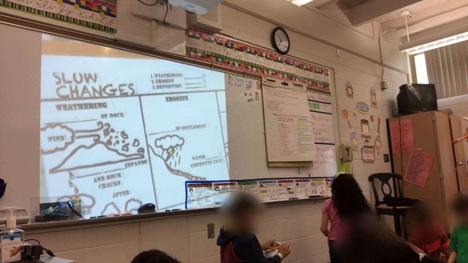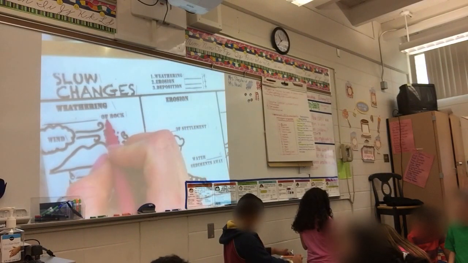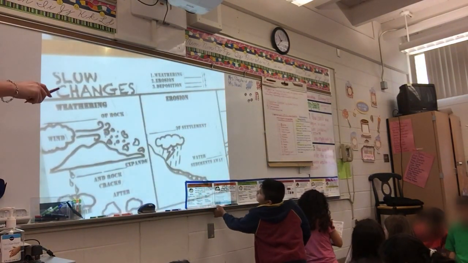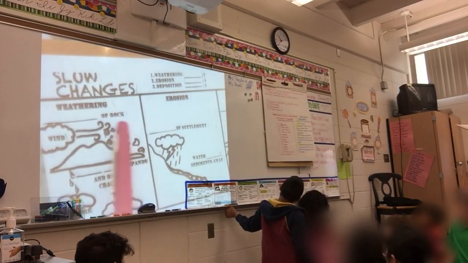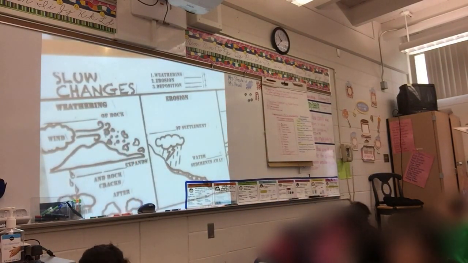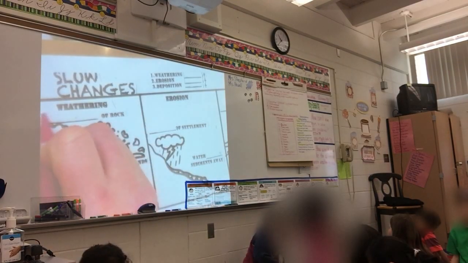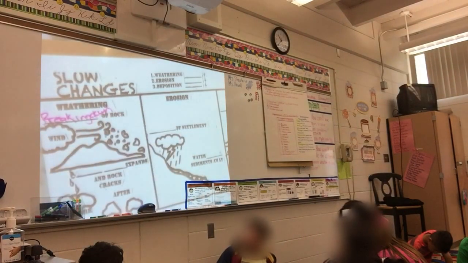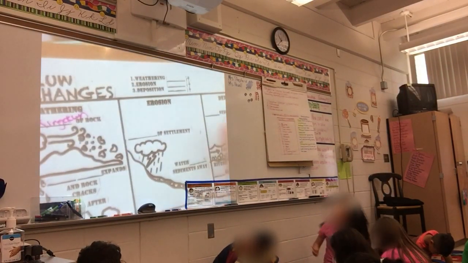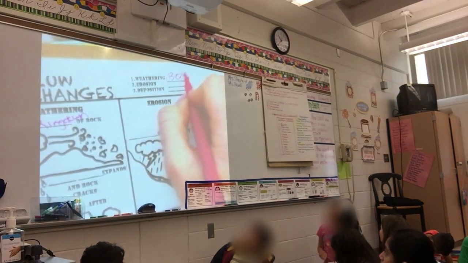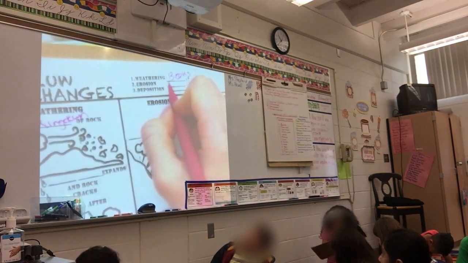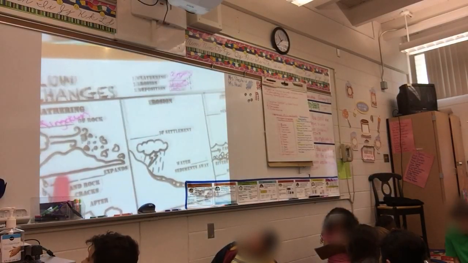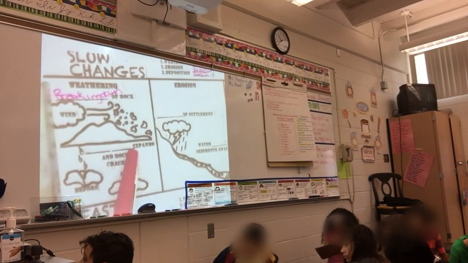Weathering blank of rock. We wrote up here that weathering breaks it. So what other word on our word bank on the wall would fit in this blank? Breaking down of rock. All right, our next one, we have 2 blanks right here.